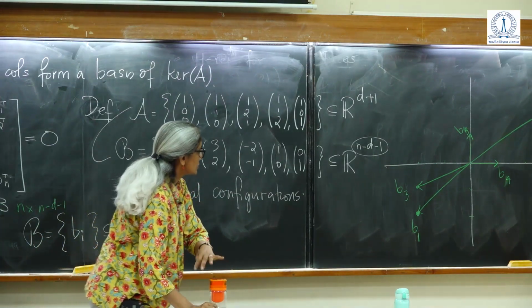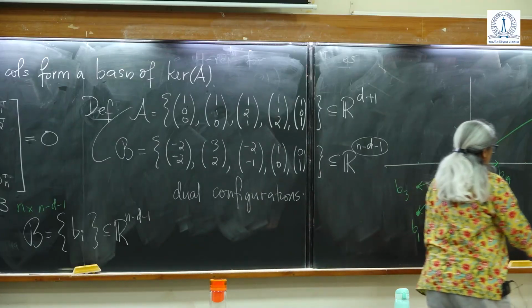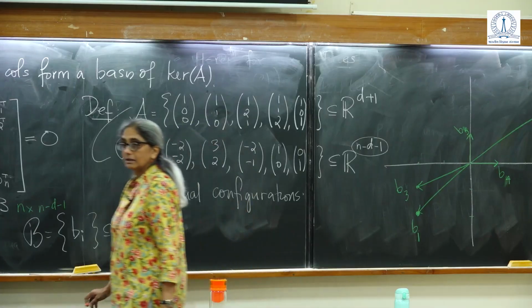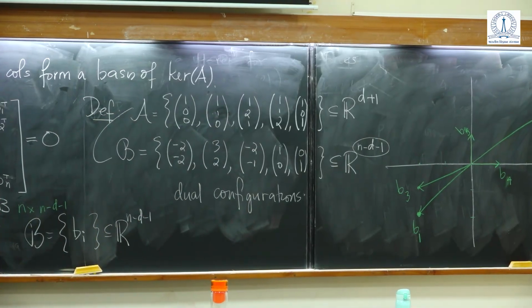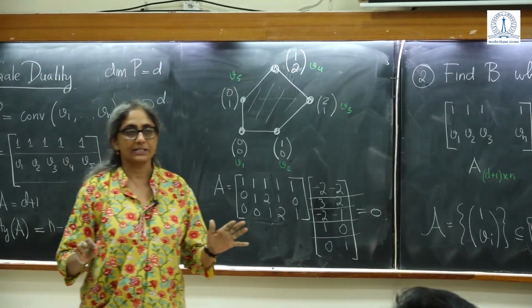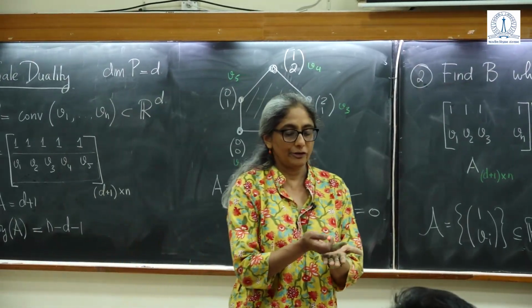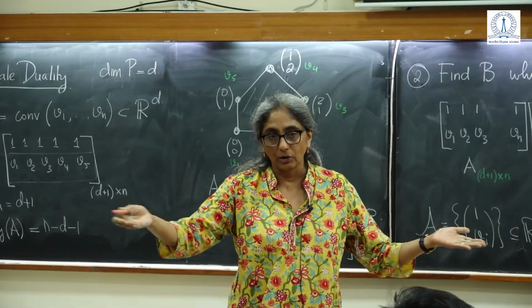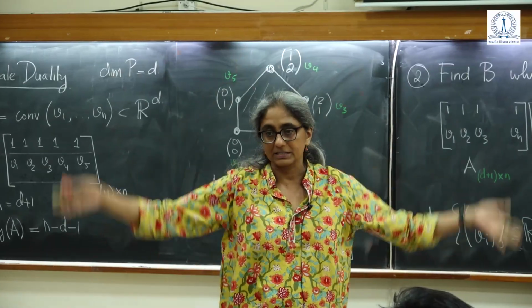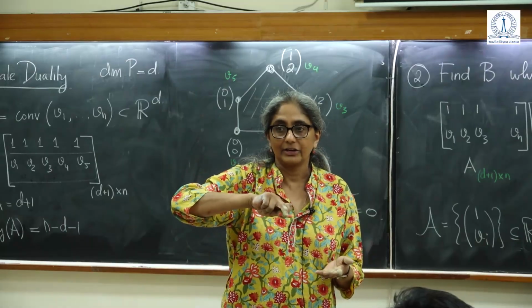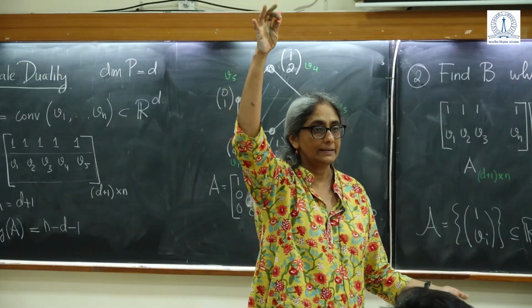Okay, so let's do some checks. For now, just think of relative interior as interior. Relative interior means that if your collection of vectors has a lower affine hull than the ambient space, then you think of interior in that affine hull, not interior in the space.